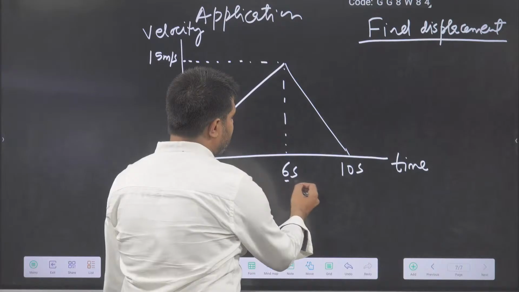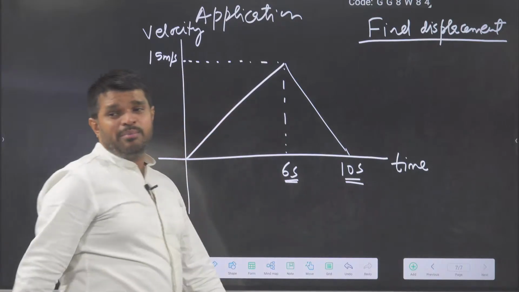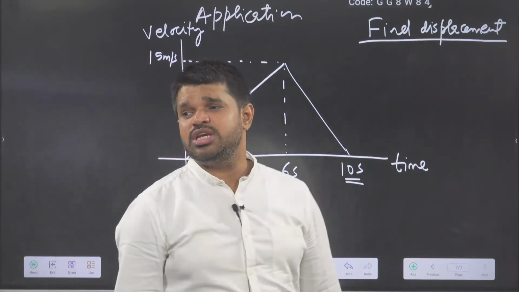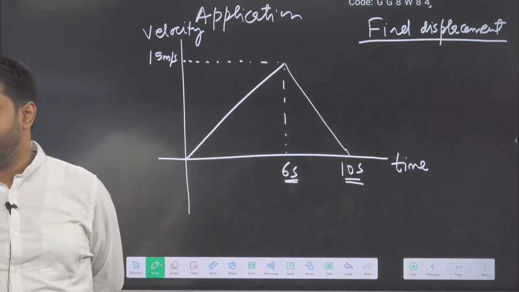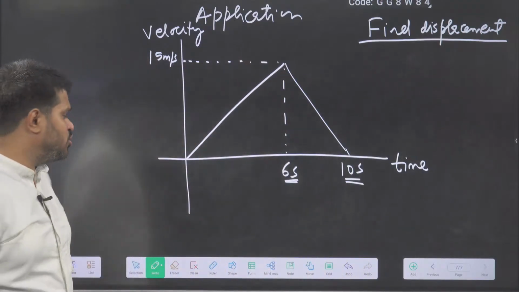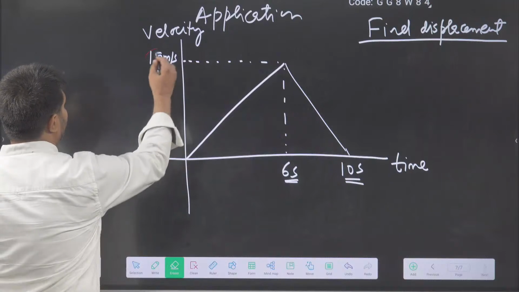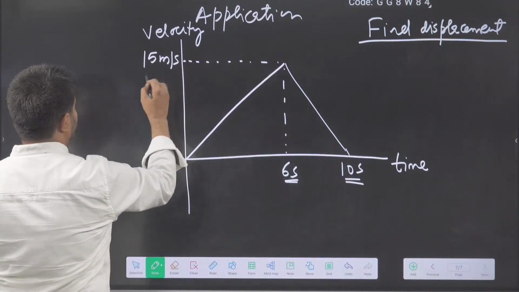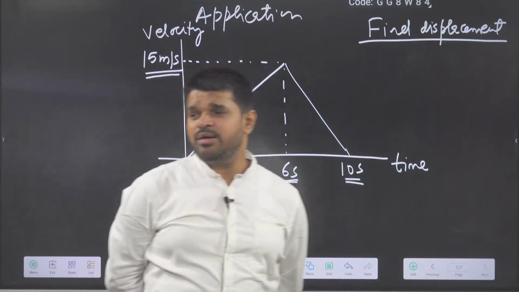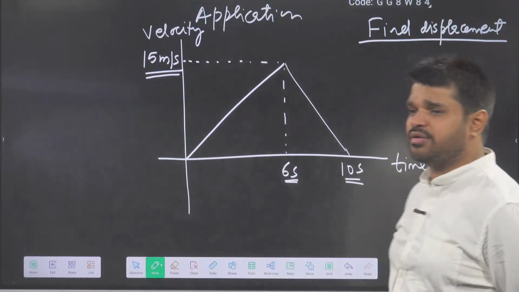This is 6 seconds, this is 10 seconds. By the way, one piece of information is useless here. Neha Gandhi has given the correct answer. You have to decide which information. Who will tell me which information is useless here?